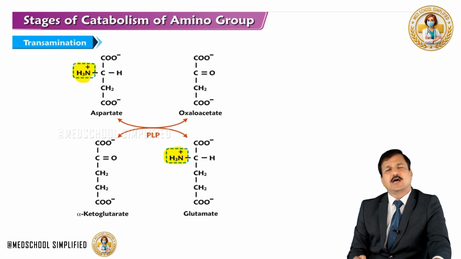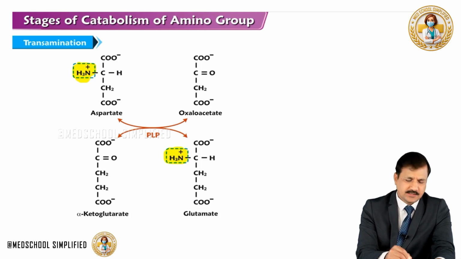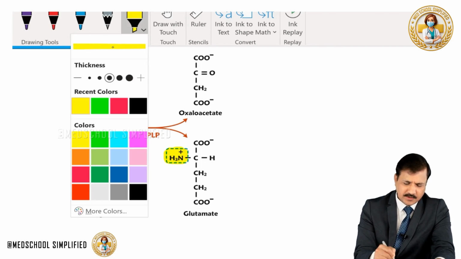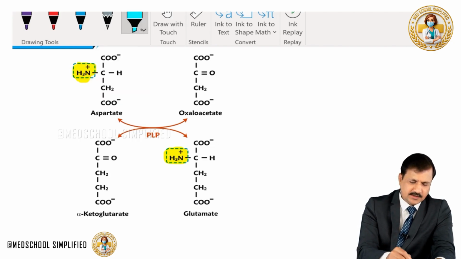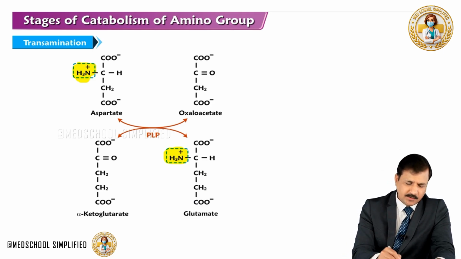Now what happened to the aspartate then? See, the aspartate carbons will be present in oxaloacetate now. So for that I am going to show you with different colors so that you can follow where exactly the carbons go. So I am going to color aspartate carbons with the cyan color here. Okay.